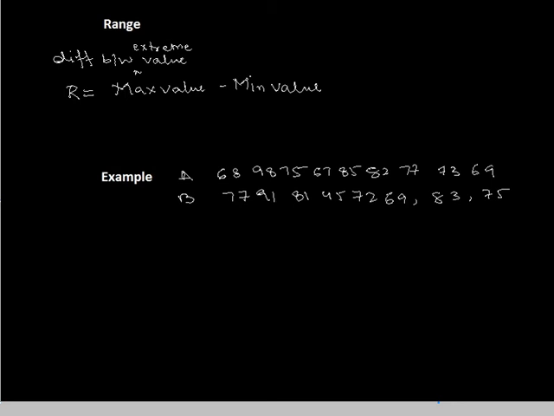So these are 9 students in class A, class B, and these are the respective scores that they get in their tests.